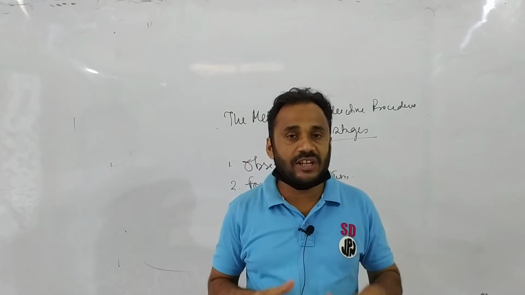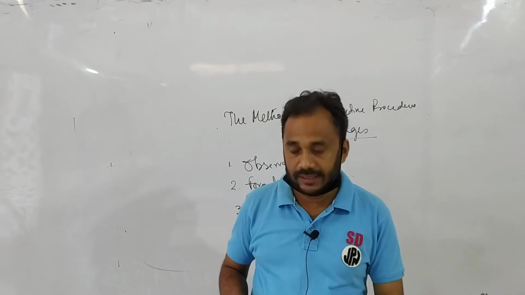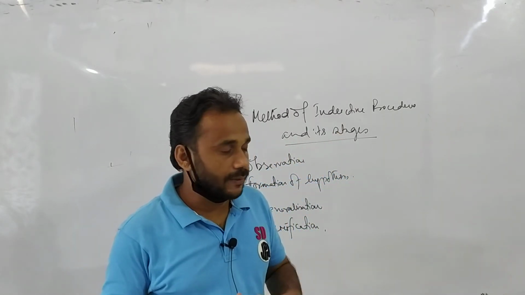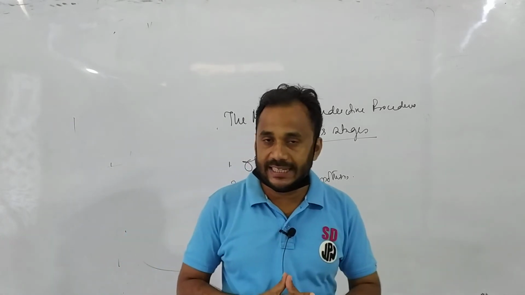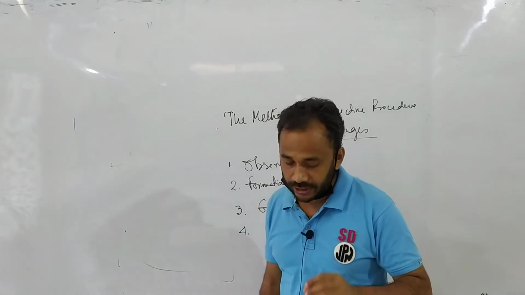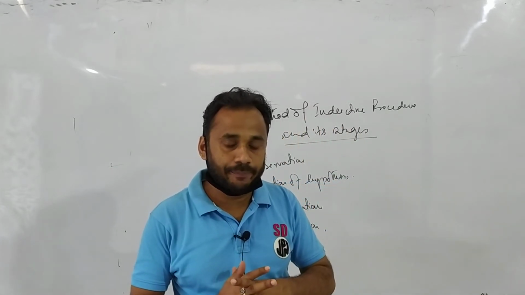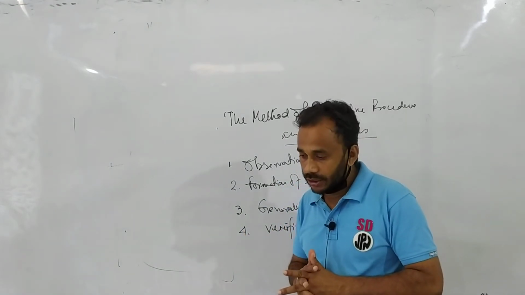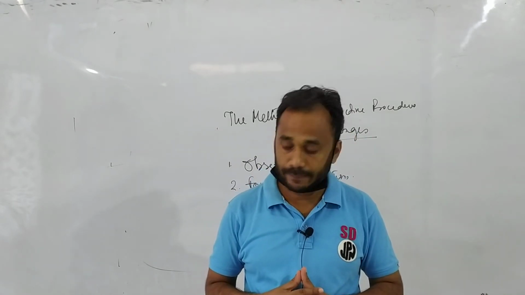So now what is observation? In logic, or in this chapter, observation is regulated perception of facts with a definite purpose. So again I am repeating, observation is regulated perception of facts with a definite purpose.